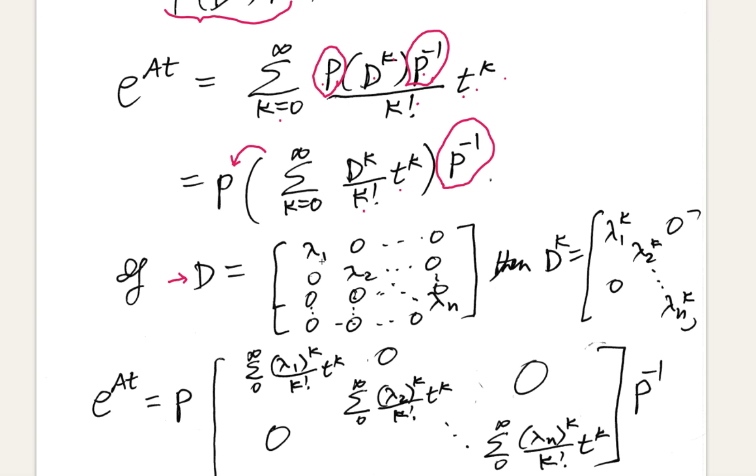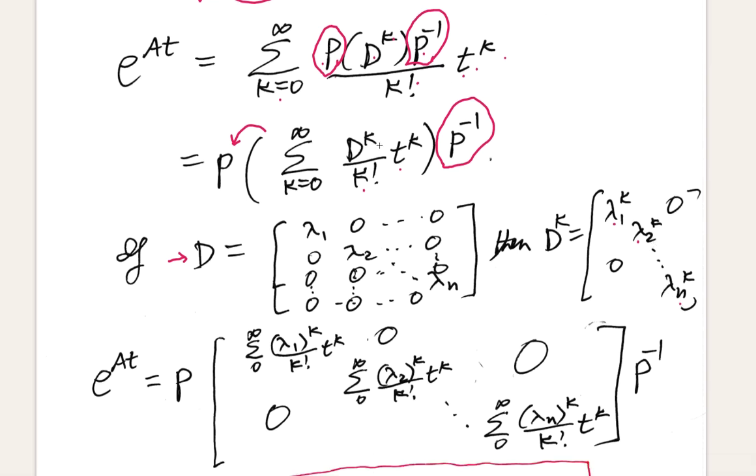So I've written D equals lambda 1, lambda 2, down to lambda n, in general, with zeros everywhere else. If I go D to the K power, because this is a diagonal matrix, all I'm doing is taking the entries down the main diagonal and raising those to the K power. Zeros go everywhere else.